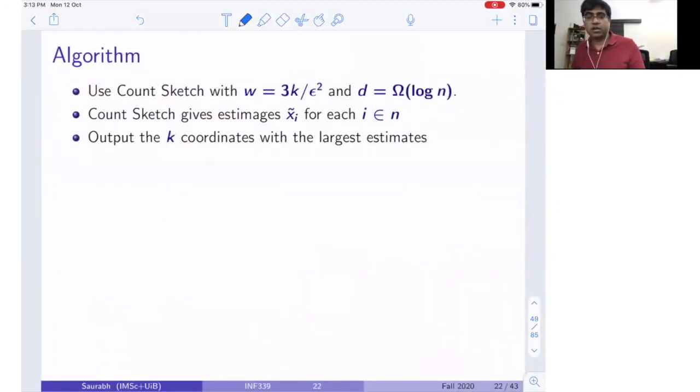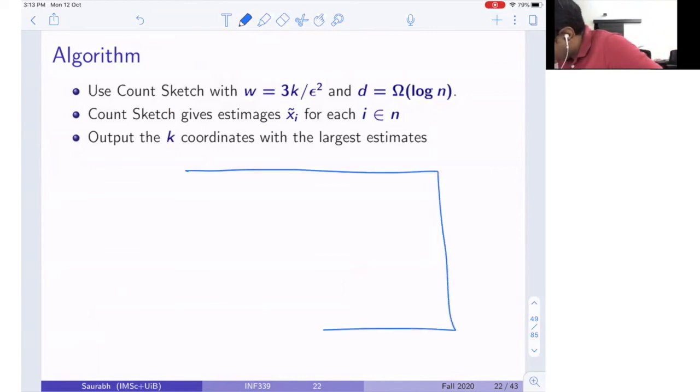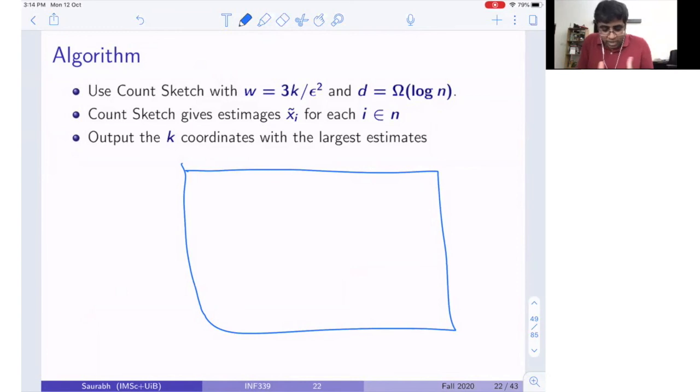So here is our algorithm. I'm going to use count sketch, nothing more than that. Even if you don't understand the analysis, because the analysis is basically the analysis of count sketch on steroids, this is how we do it. Now, I want k coordinates to come out, not one.